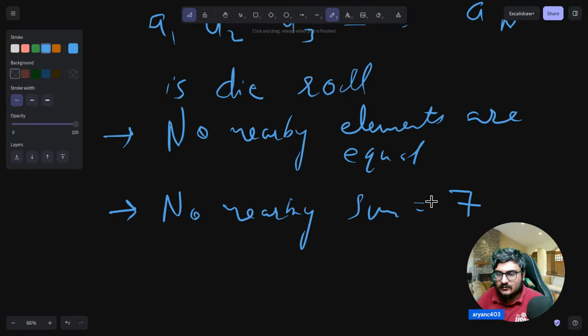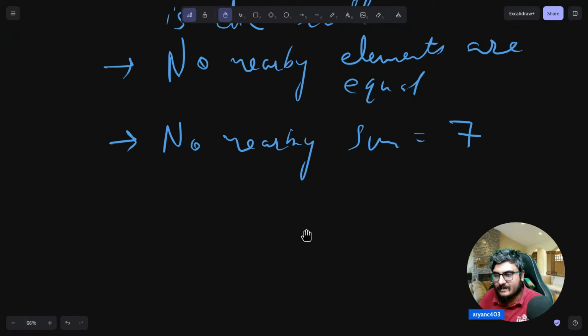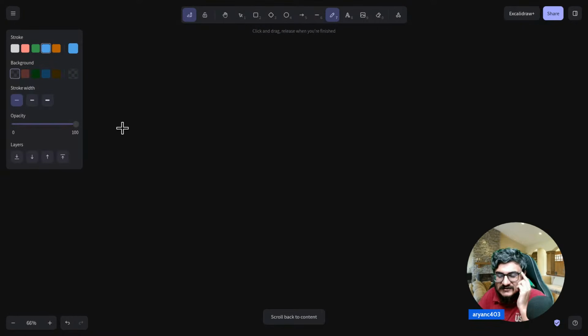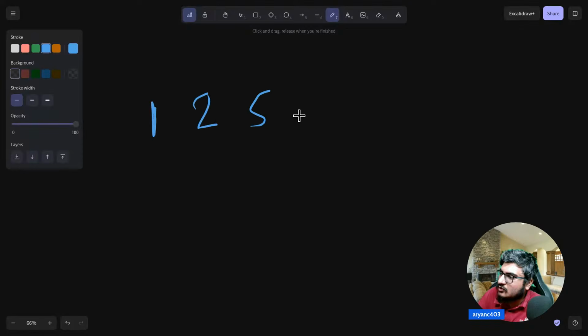So this is the problem statement for us. The idea here is to figure out the consecutive sets of pairs which are incorrect. So for example, 1, 2, 5, 5, 2, 3, 3, 4.